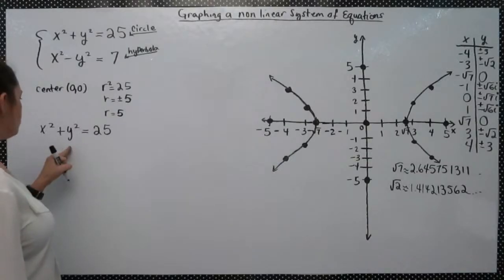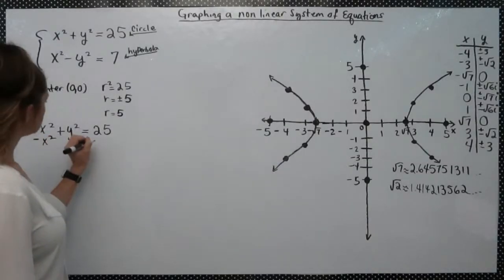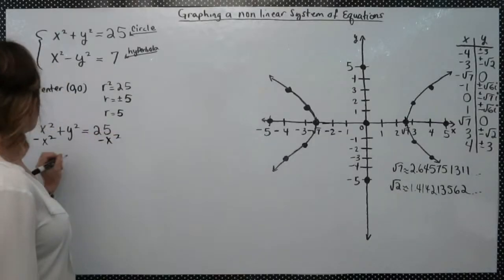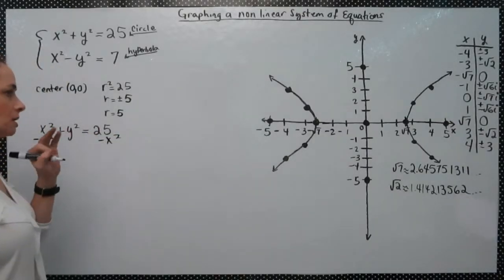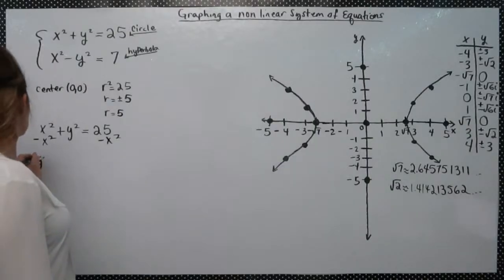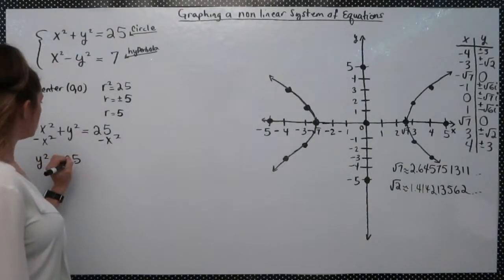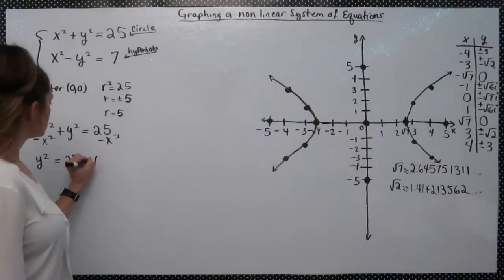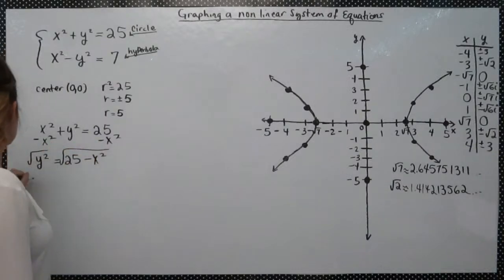So that's similarly what I'm going to do. I'm going to go ahead and solve for y by subtracting x squared from both sides, and just plug in a couple points here. So we've got y squared equals 25 minus x squared. And then we're going to take the square root of both sides.